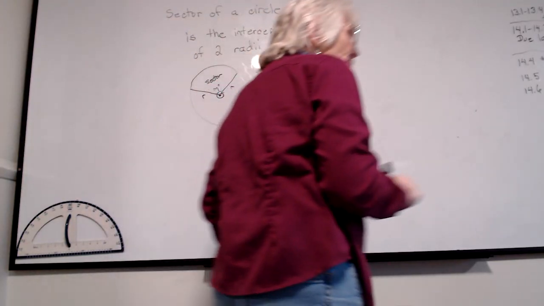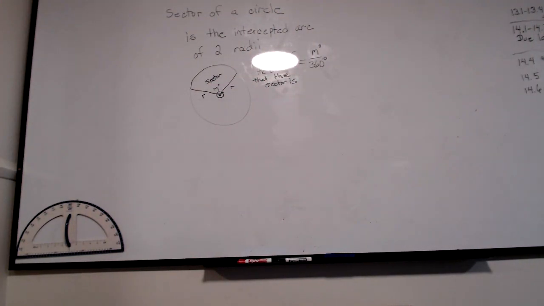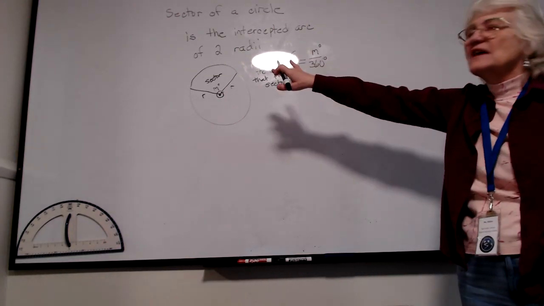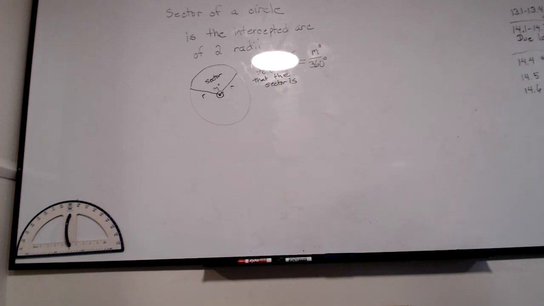Okay, so basically, if we can figure out the area of the circle, if we can figure out the perimeter of the circle, we can figure out all of the sector's area and circumference too, because it's just a proportion. Whatever the degrees of that is going to be the amount of the circle that it is.